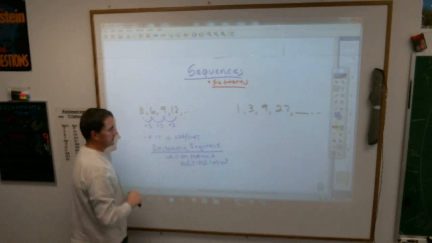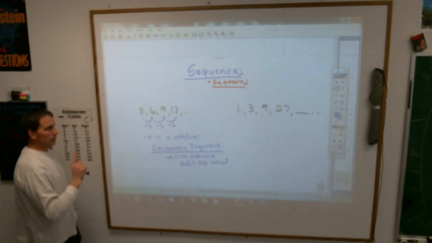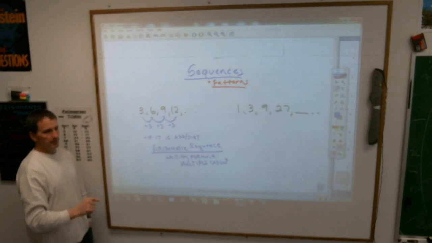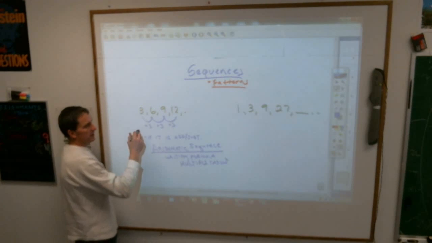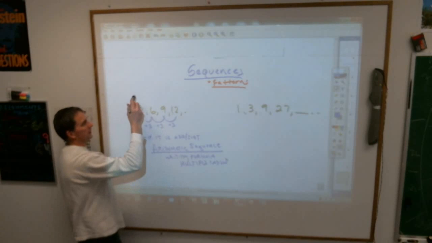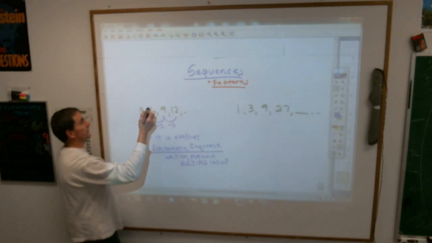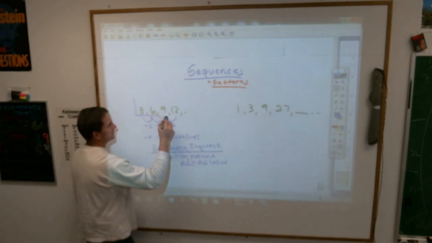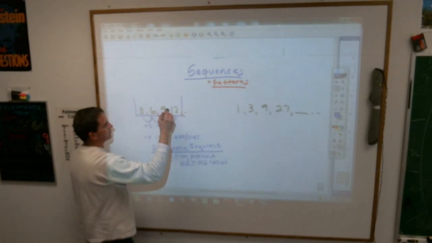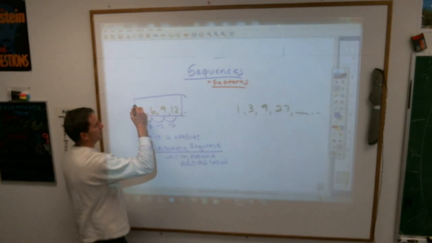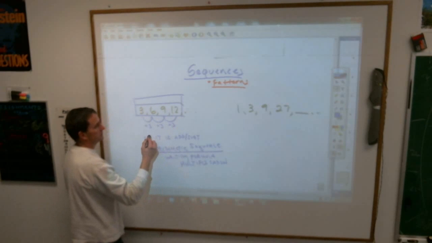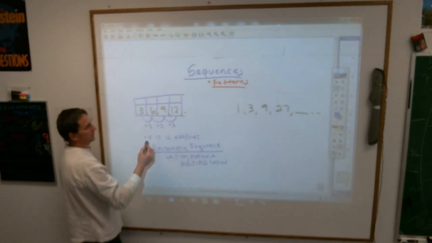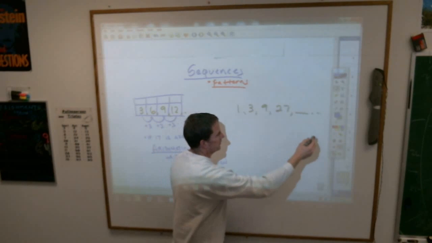If you are trying to find out what a formula is for a sequence, the best thing that you can do is put this in a grid kind of thing. In other words, put a box around this, put another level above it, split this like this, and then start with this.